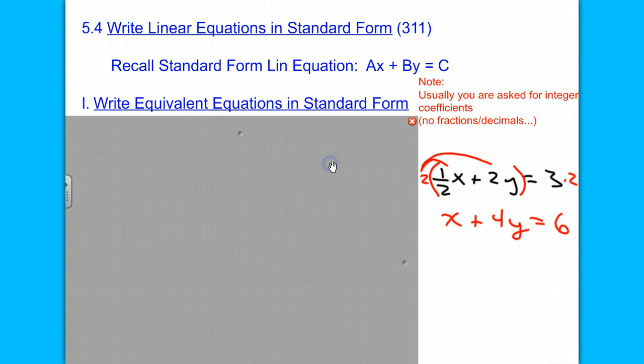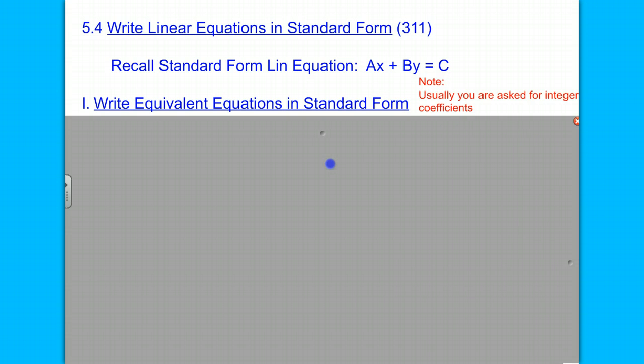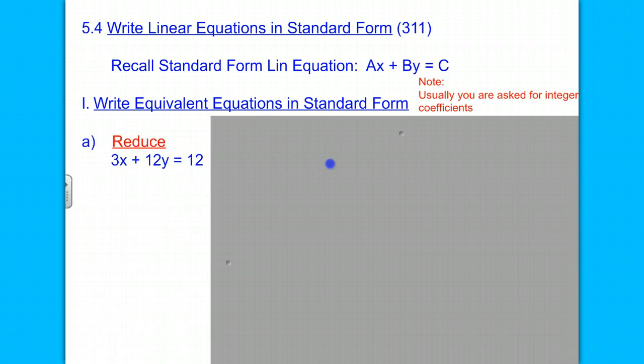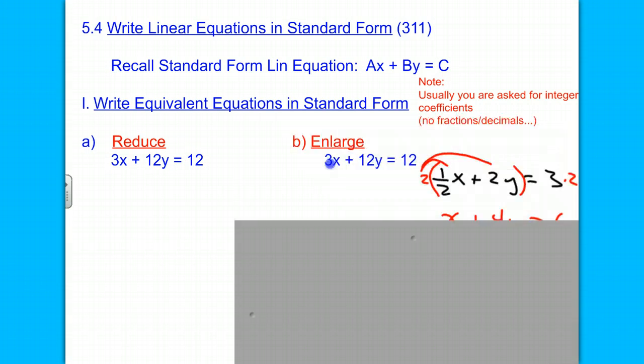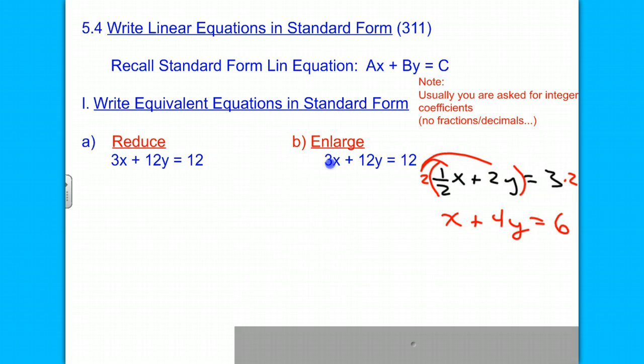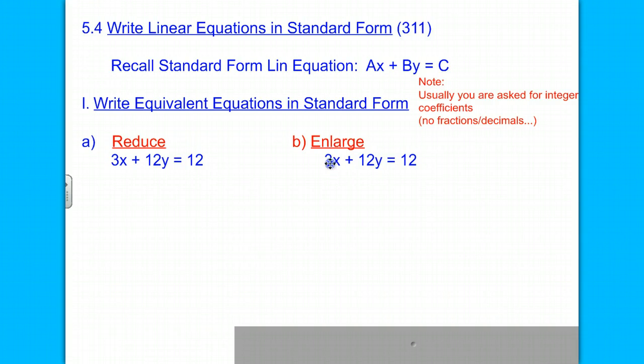So let's try this. Let's try writing equivalent equations in standard form. Let's start with this one here. Sometimes we have to reduce an equation, and sometimes we have to enlarge equations. So, this is the same equation in both cases. If you wanted an equivalent equation, what could we do to this one to reduce it?